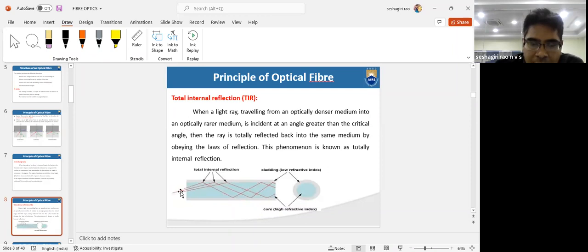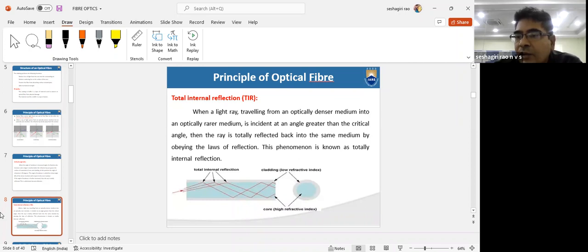See, this is your light propagating in the core part of the fiber, and the light is getting totally internally reflected. The core is provided with a higher refractive index. If you take N1 as the refractive index of the core and N2 as the refractive index of the cladding, you should have N1 greater than N2.